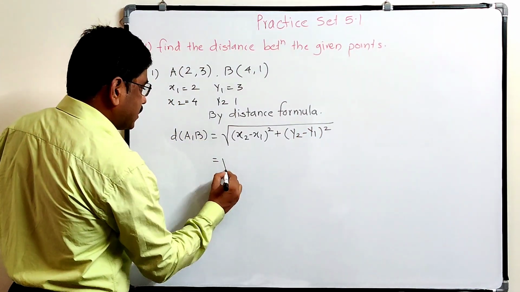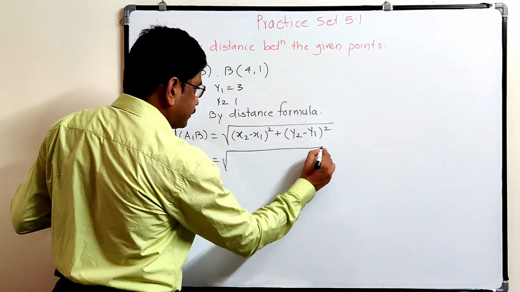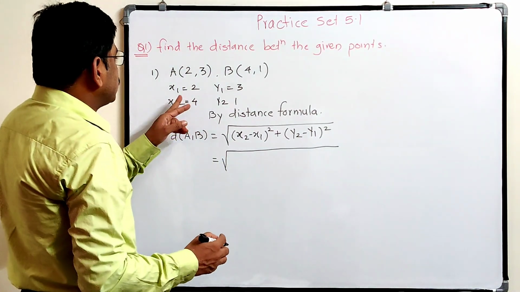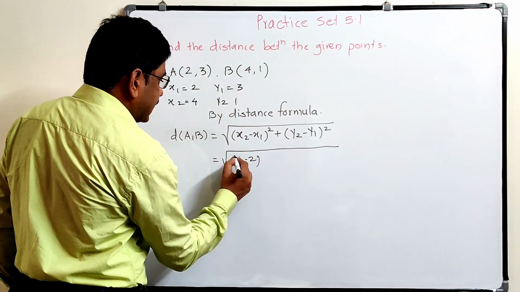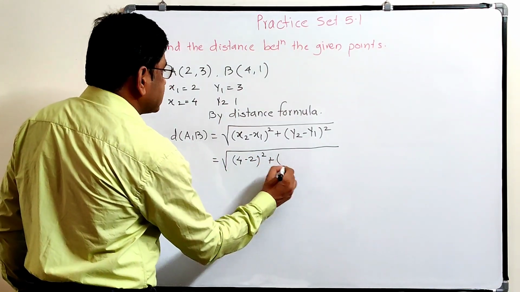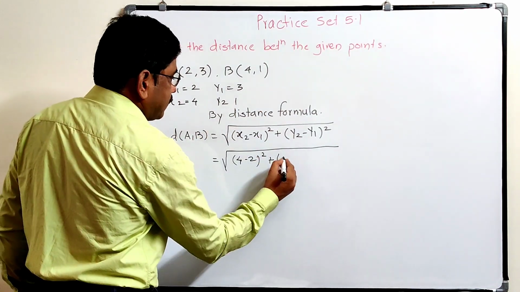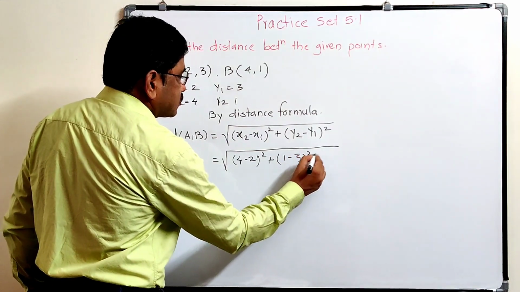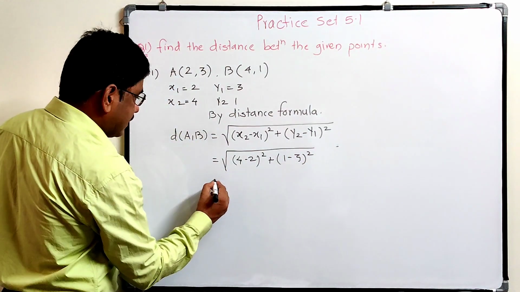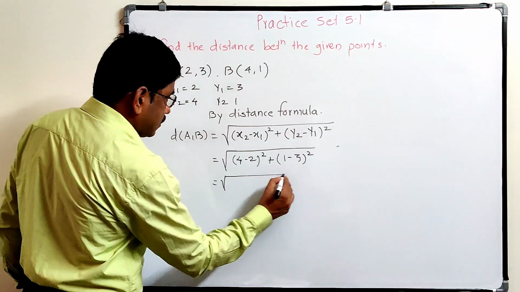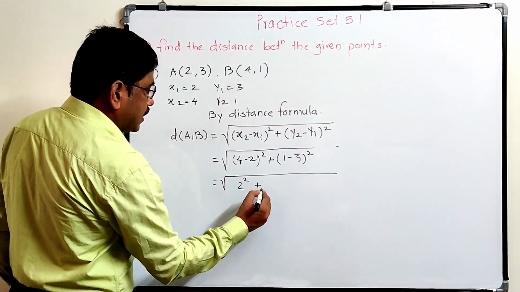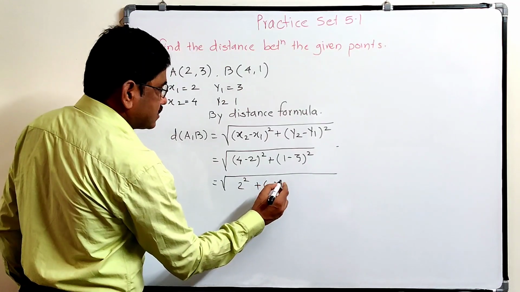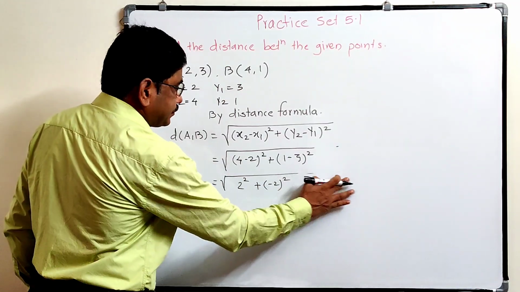Now substitute the values. This root (4 minus 2) bracket square plus (1 minus 3) bracket square. Now simplify. 4 minus 2 is 2 square plus 1 minus 3 means minus 2 square.